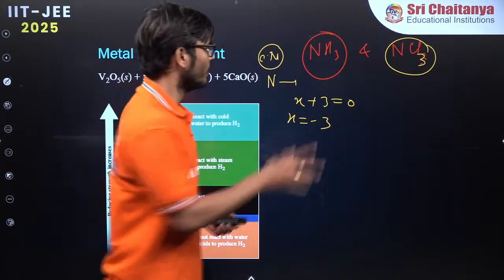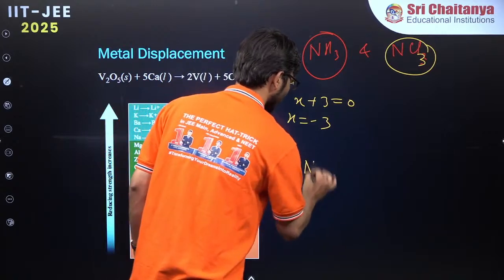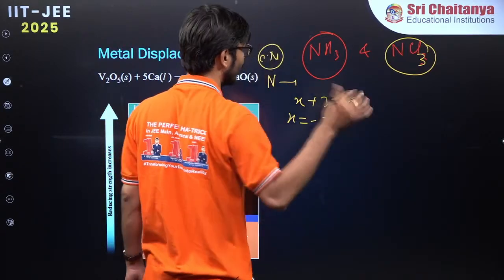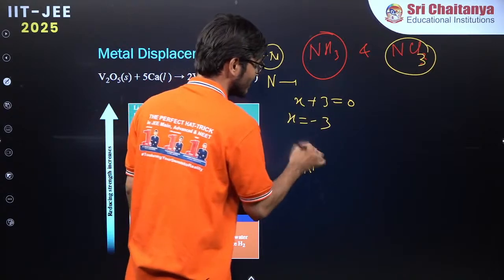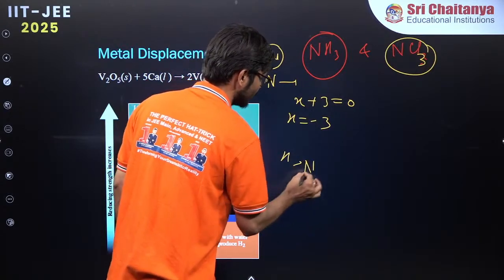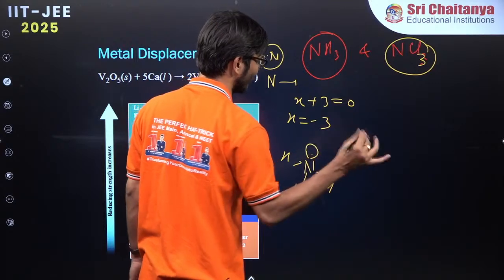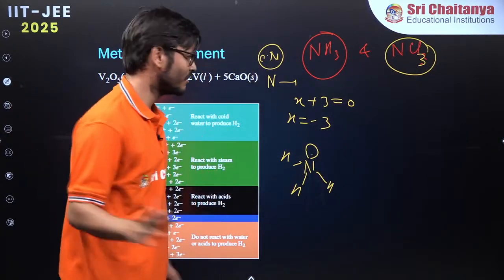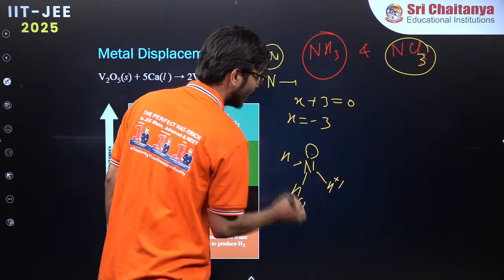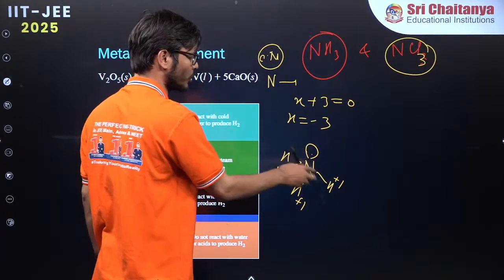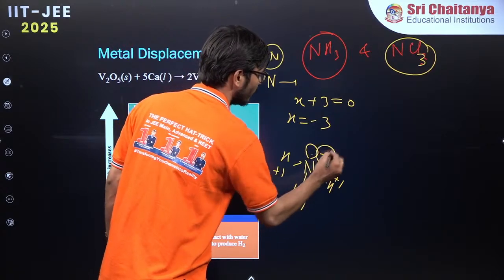Let us look at the structure. Nitrogen has 5 valence electrons. If I go to the structure, you'll get confused. There is something called a lone pair. Anyway, it is having 3 bonds. Forget the lone pair. Simple. So hydrogen +1, +1, +1; nitrogen is more electronegative, so -1, -1, -1, total -3.